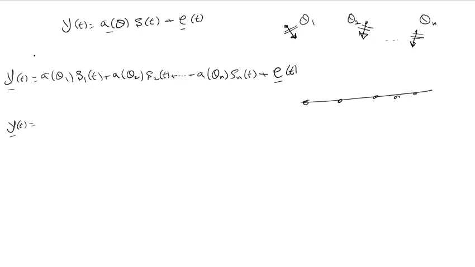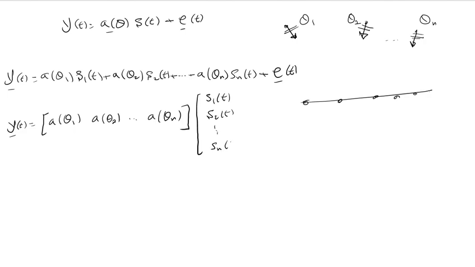And I can arrange this so that a(theta 1) is the first column of this matrix, a(theta 2) is the second column, and a(theta n) is the last column, multiplied by the signal vector s1, s2, up to sn, where n is the number of sources.